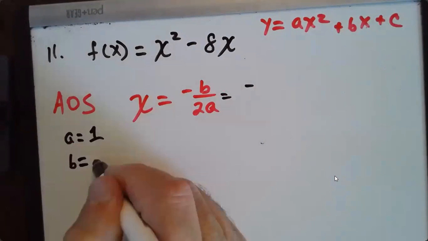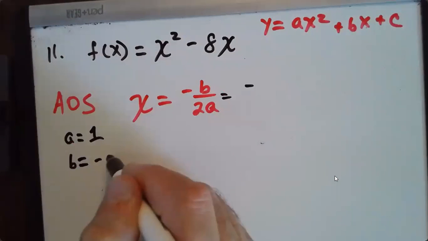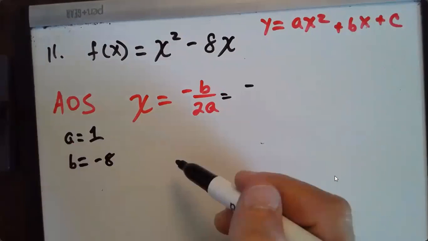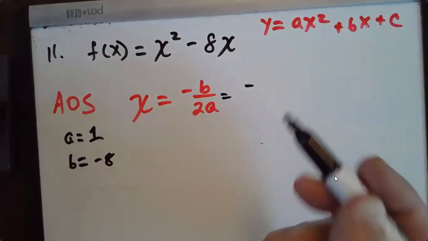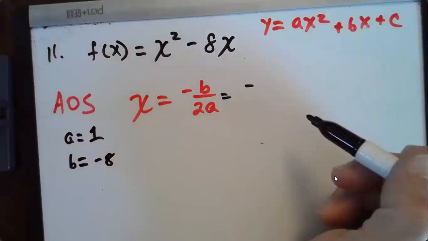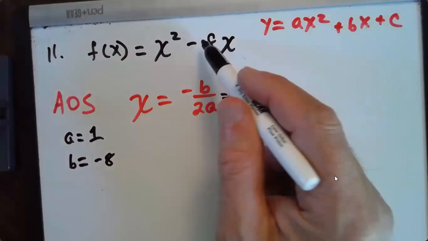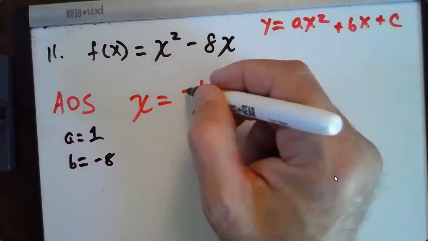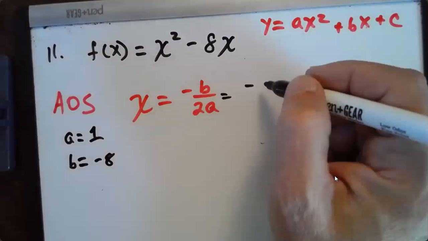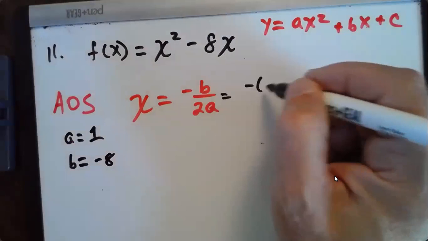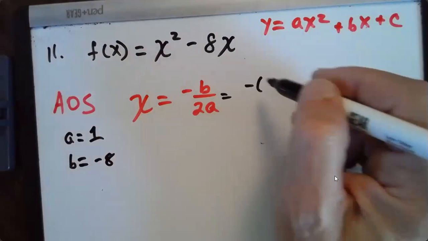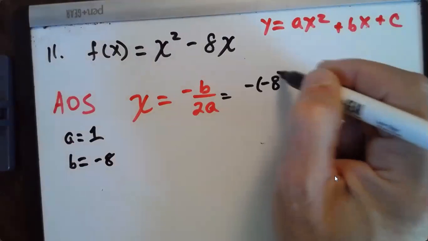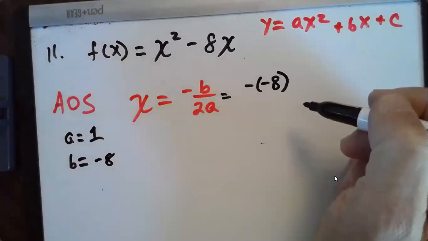Coefficient of x is a negative 8. So you use the sign, and the sign is included in the coefficient. So this minus is the minus for the equation for the axis of symmetry, but then for b, you also have to include the other negative, so it's minus a negative 8.